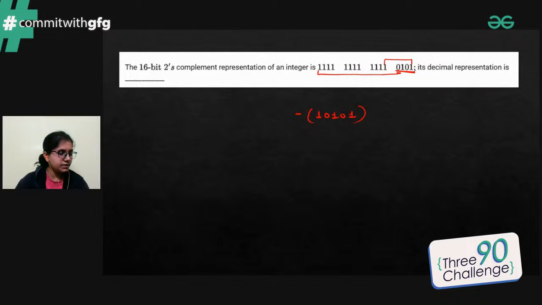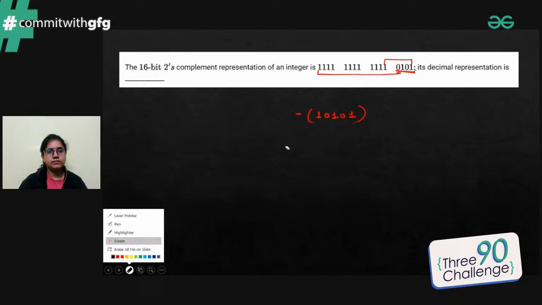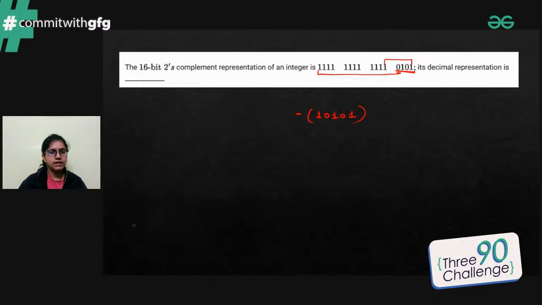It will come into the minus part, so that's why we are not considering it. Weightage wise, this has weight 1, 2, 4, 8, and the weight for this will be 16.